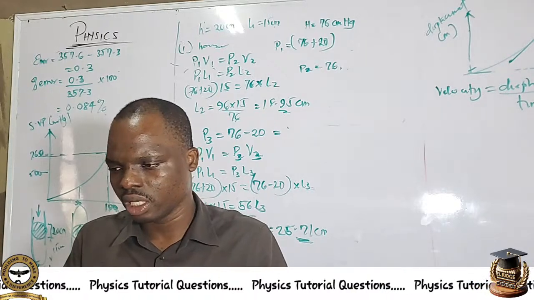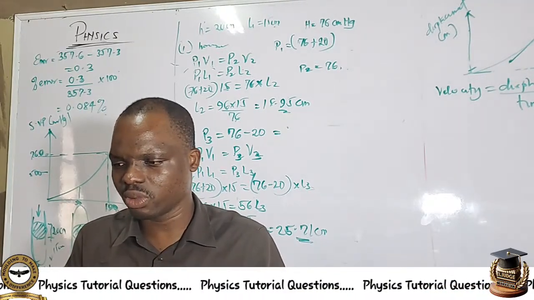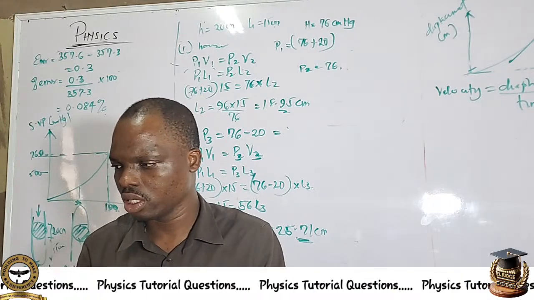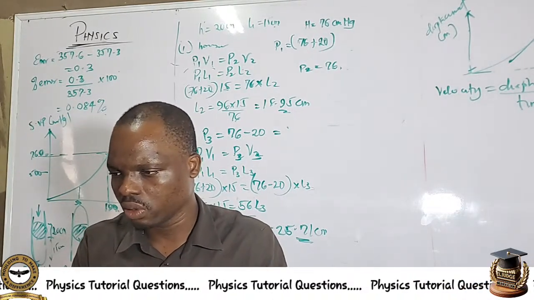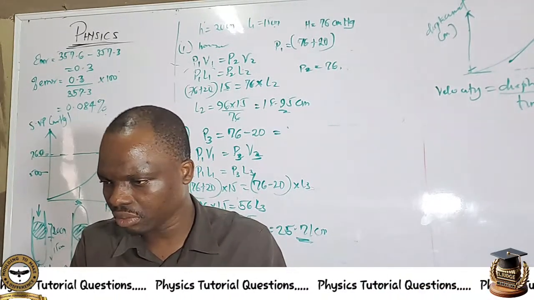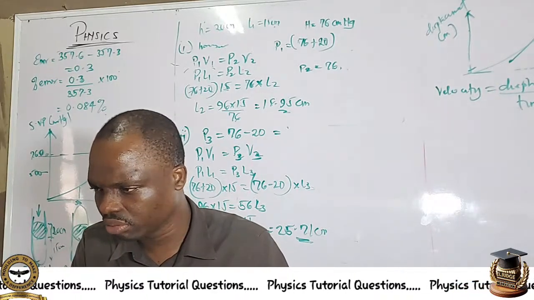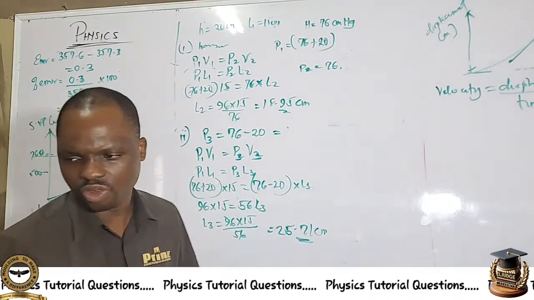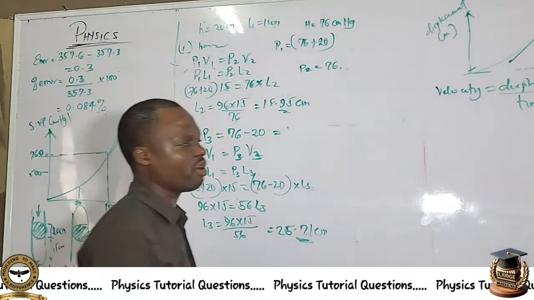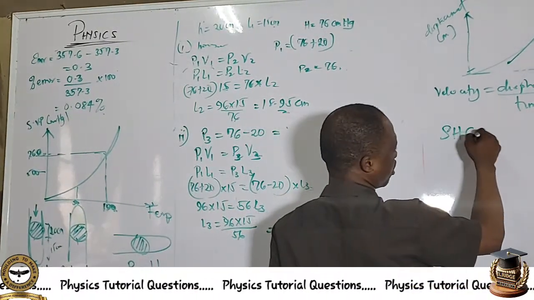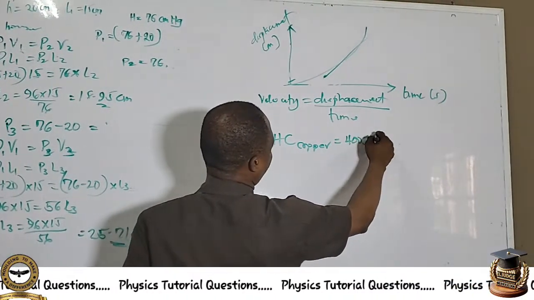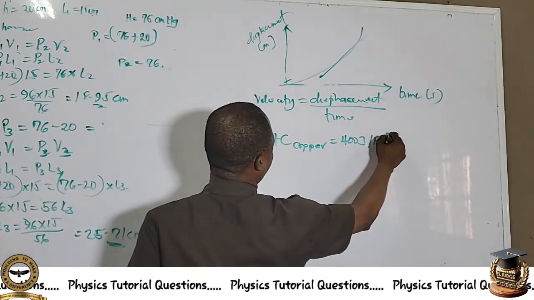Now let me see another question. It says, explain the statement: specific heat capacity of copper is 400 joule per kilogram per Kelvin.